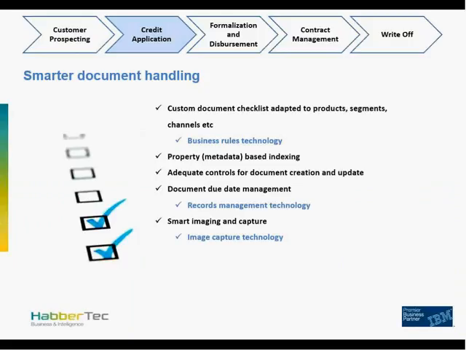Second point where we see a lot of benefits in terms of improving credit quality is really having better document handling. Initially, it's kind of simple stuff. It's just to have a smart checklist that will fit the specific needs for every type of operation, every segment you operate.